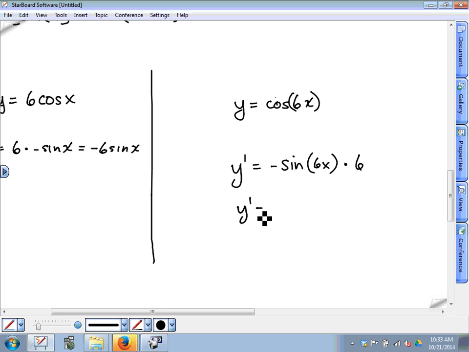So then your result for y prime is negative 6 sine of 6x. That's the chain rule, because we did a derivative of an outer function times a derivative of an inner function.